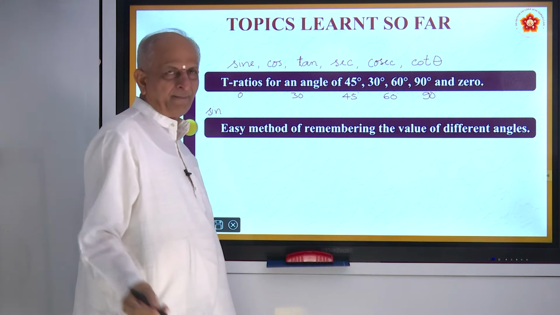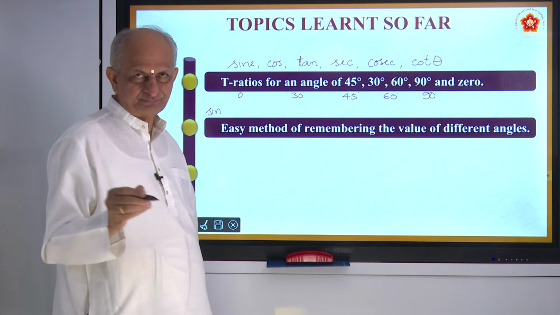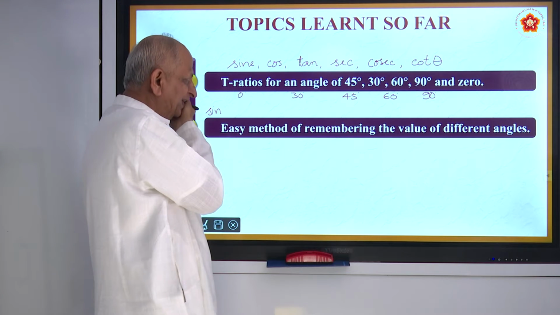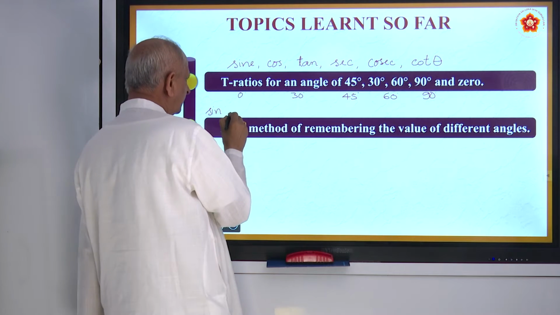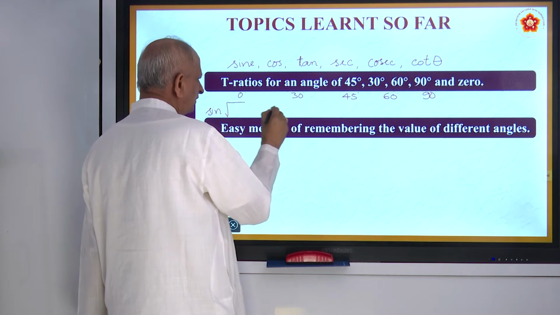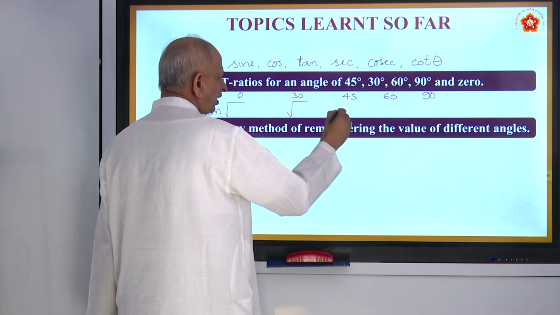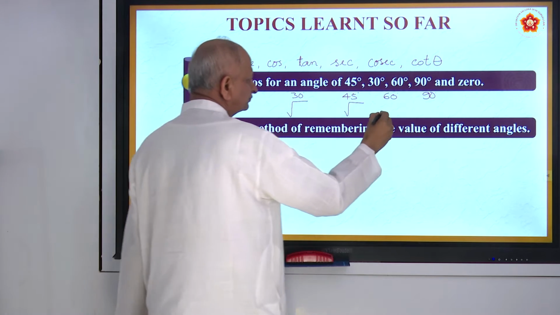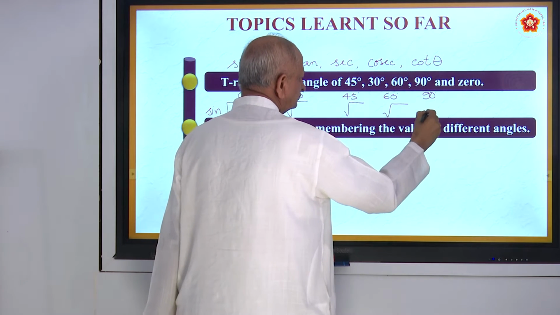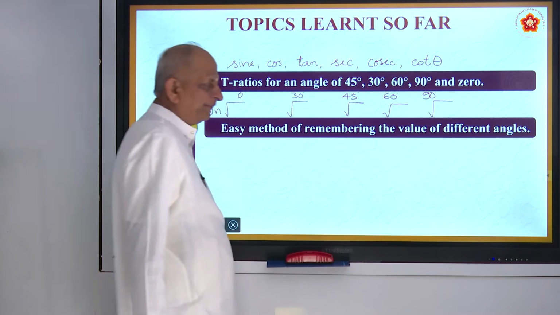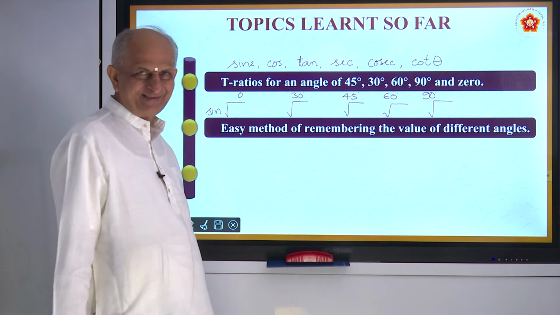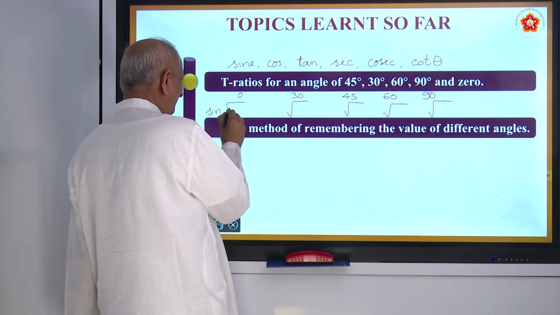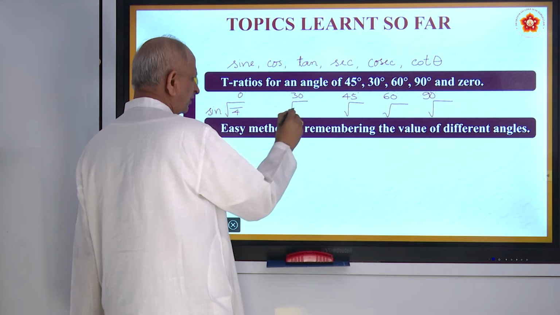Of course, even complementary angles are also there, which you have seen in the previous chapters. So, how to get the easy method? You write all root signs. I think some of you picked up already. Yesterday we had told that in the previous class. And then denominator write 4 for all.